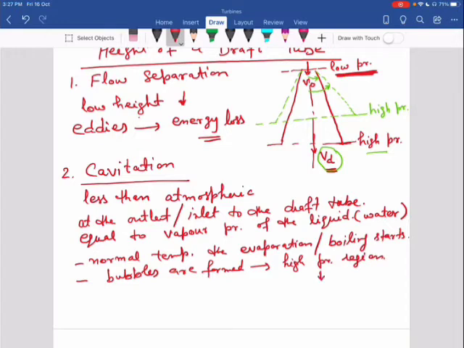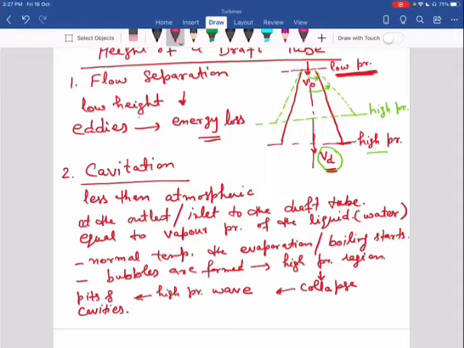Where these bubbles collapse, it forms a high pressure wave. So this wave strikes or collides to the surface and forms pits and cavities, so that damages the surface where that wave strikes.